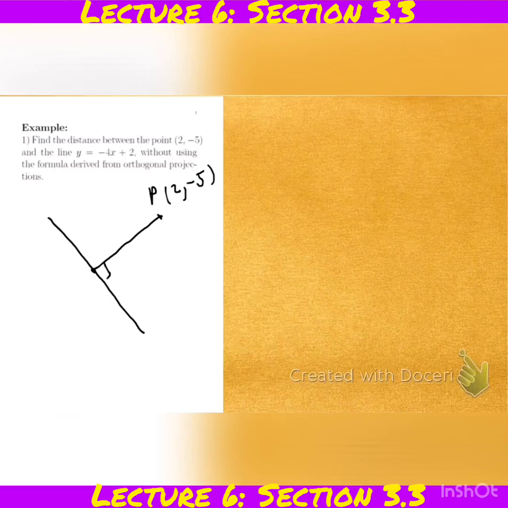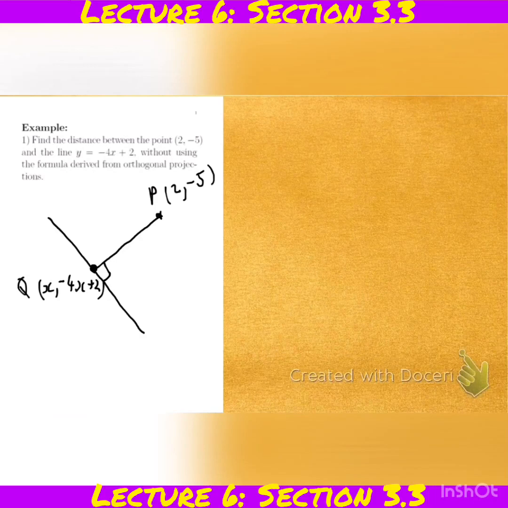The point here, call it x, because it lies on the straight line, has a y component of minus 4x plus 2. So that is the point. Let's call that the point Q. So that is this point here. Okay, right.